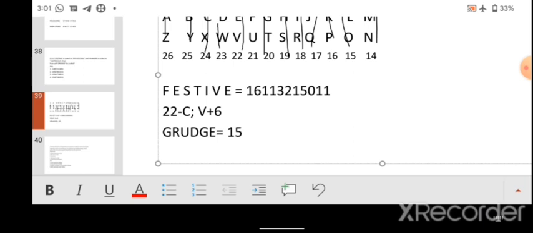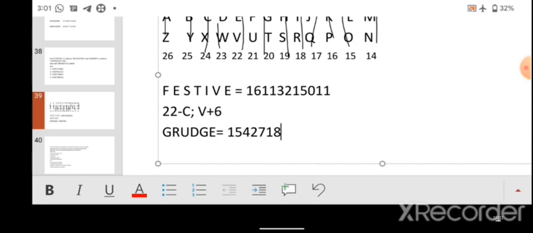So 22 minus 18 is 4. Then U is 21. But in case of a vowel it is plus 6. So 21 plus 6 is 27. Then D is 4. Sorry, D is a consonant, we have to subtract. 22 minus 4 is 18.